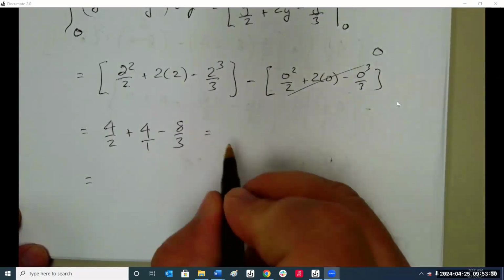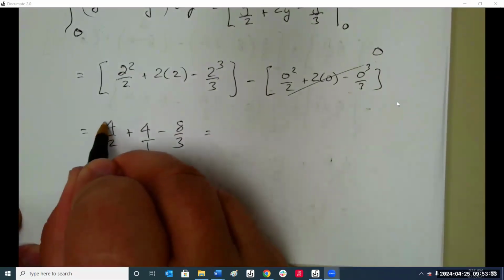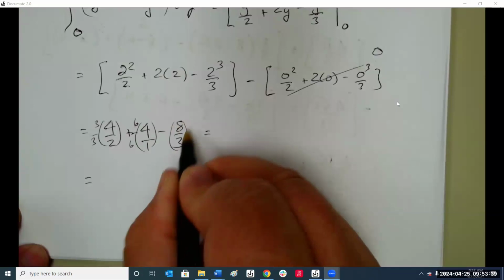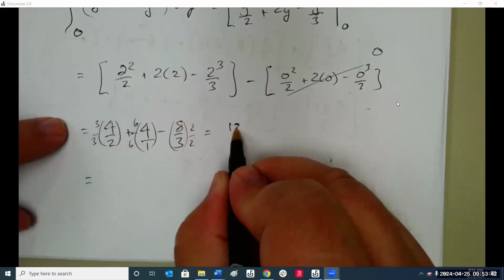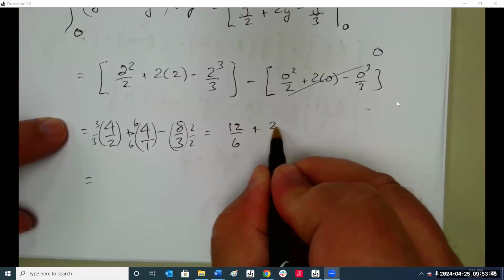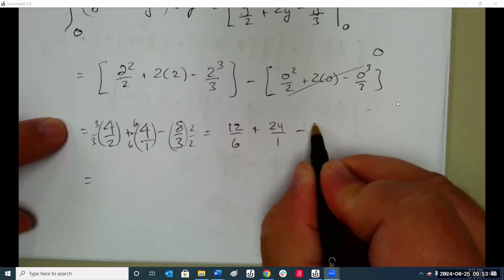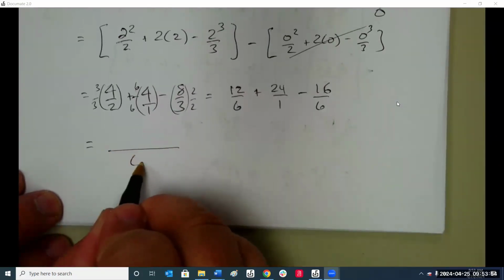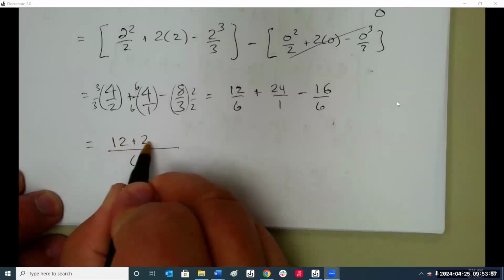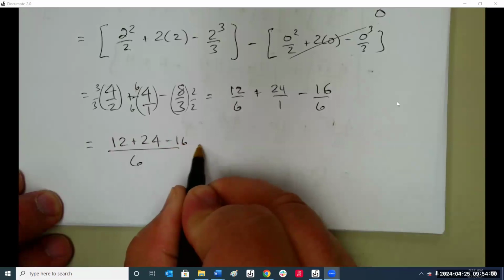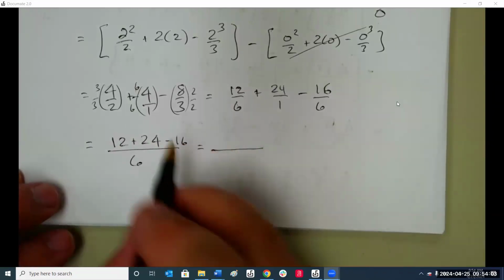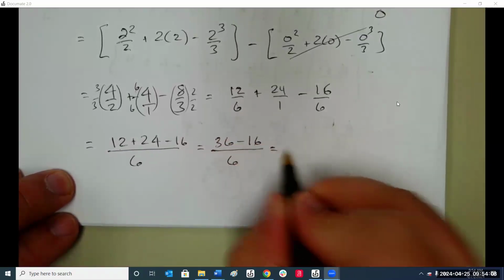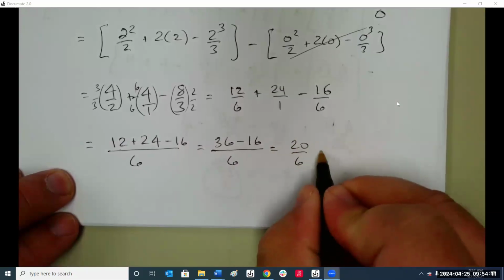Get a common denominator, which is going to be 6. 12 over 6, 24 over 1, 16 over 6. 36 minus 16 over 6, 20 over 6.